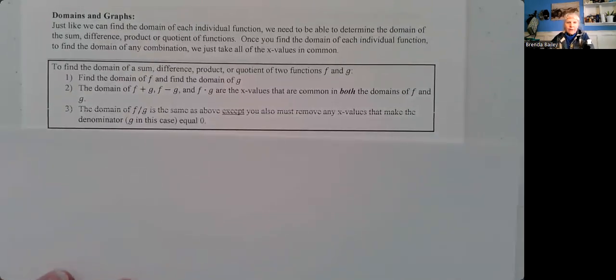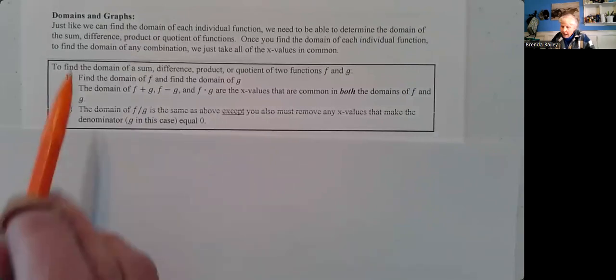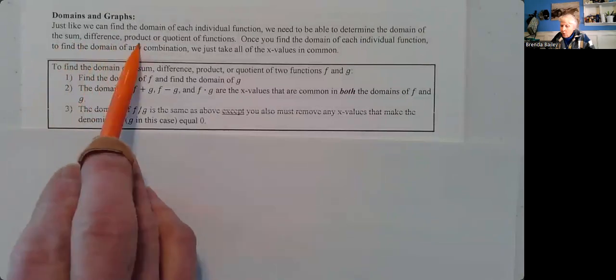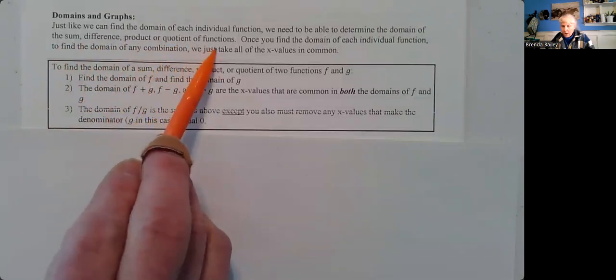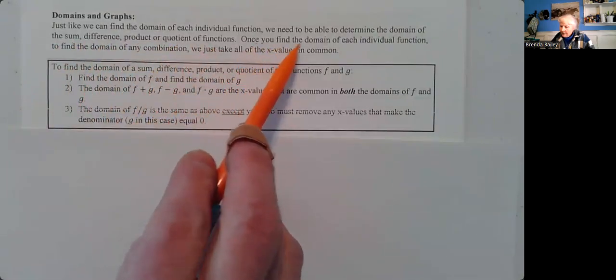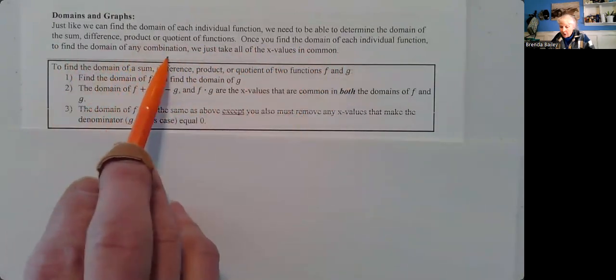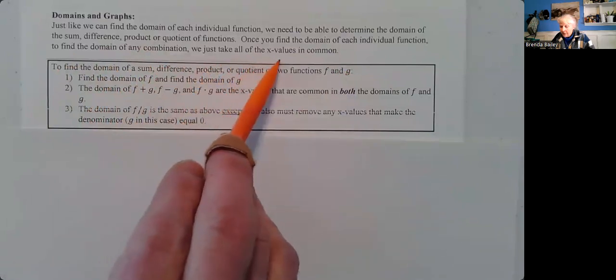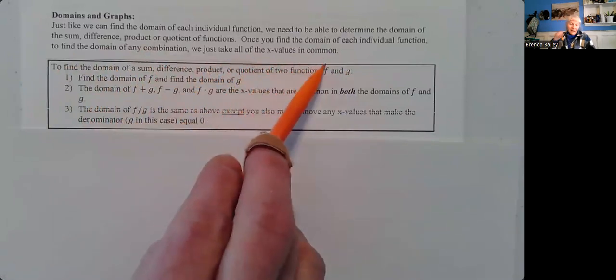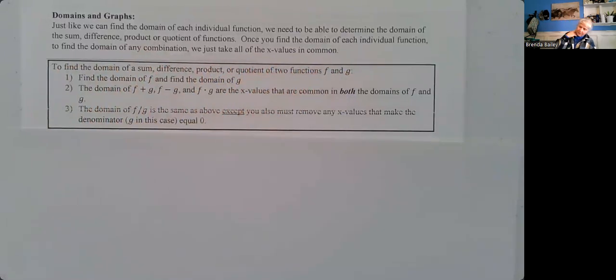Just like we can find the domain of each individual function, we need to be able to determine the domain of the sum, difference, product, or quotient of functions. Once you find the domain of each individual function, to find the domain of any combination, we just take all the x values in common. That'll make sense when we do an example.